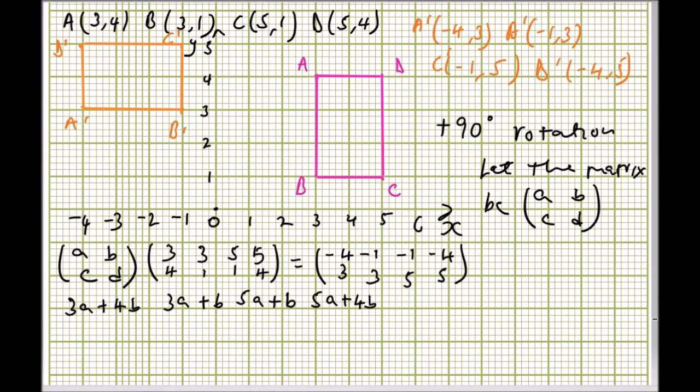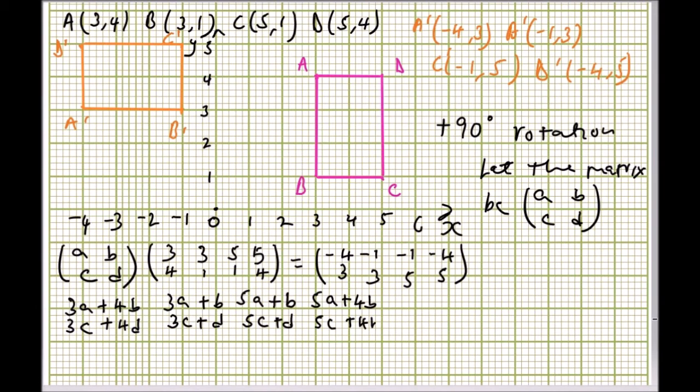The other row is C multiplied by 3, that will give us 3C plus 4D, then 3C plus D, then 5C plus D, and 5C plus 4D.